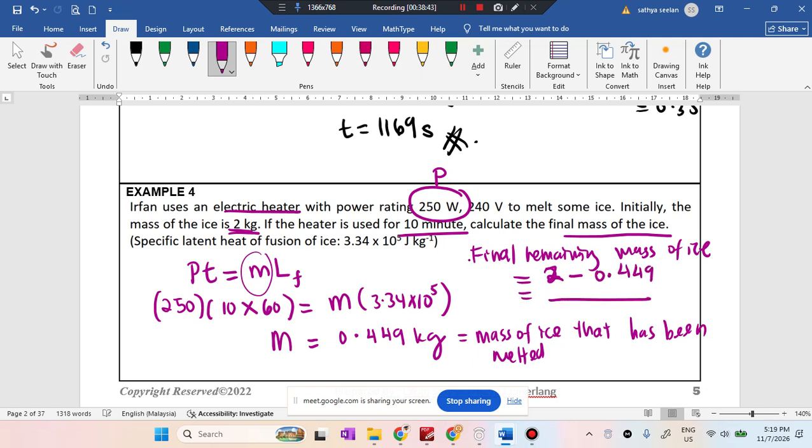Baru you dapat the remaining ice. 0.551 kg. This will be the right answer.